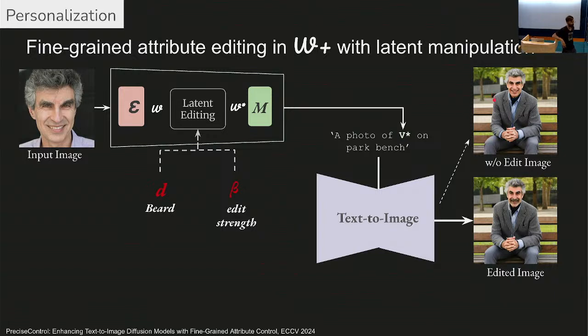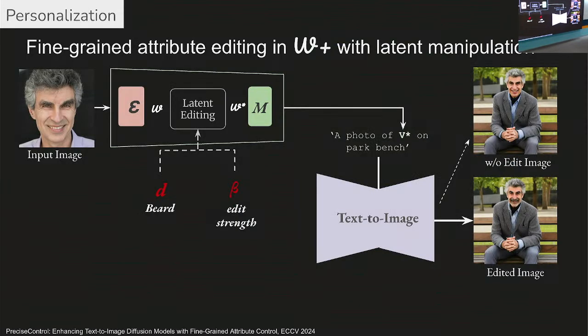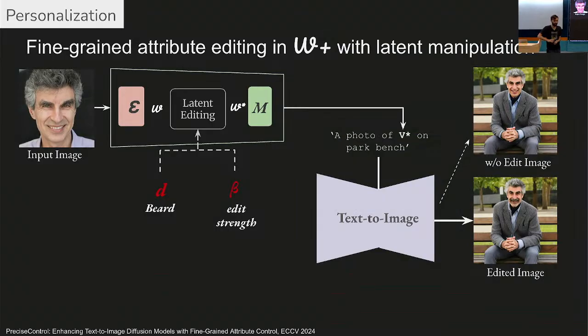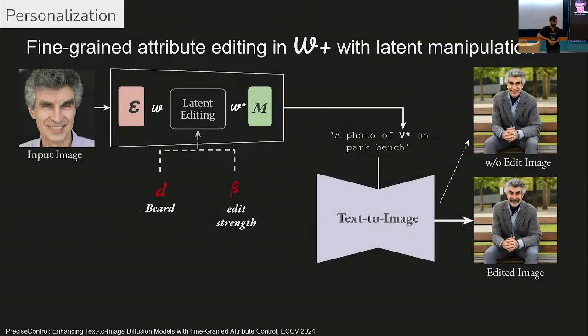Yeah, we are changing the V star, and inherently we are changing the W. How do we know what D is? It is coming from existing works, because research has been done in StyleGAN's W plus space. You can easily find directions for attribute editing, so we use those directions as they are. D is a vector, W is a vector, so D is also the same dimensional vector.